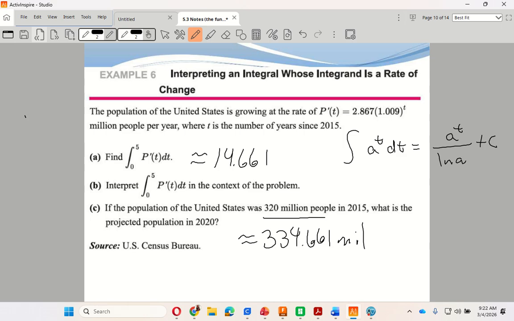Okay. All right. See this right here? You're gonna get problems like that where you have to interpret and understand the story that goes along with this.